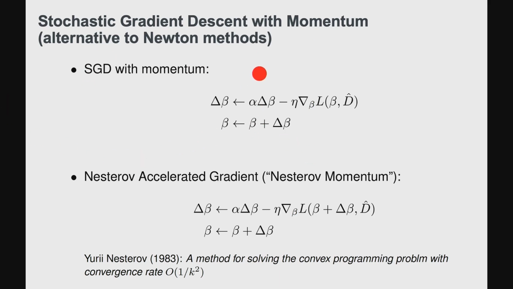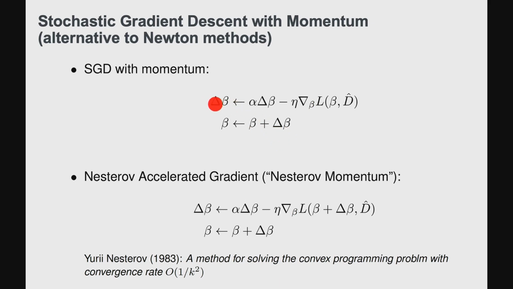This is what is done here. So you compute the change of your parameters by saying that you take the previous change and subtract from this previous change the change that you get by looking at the gradient. And then the actual change of parameters is done by looking at the previous configuration of parameters and adding this delta beta.